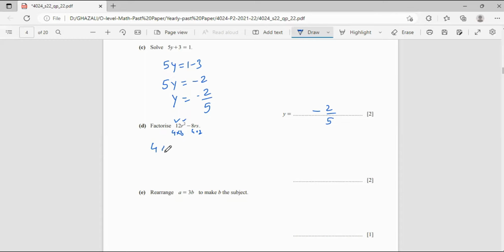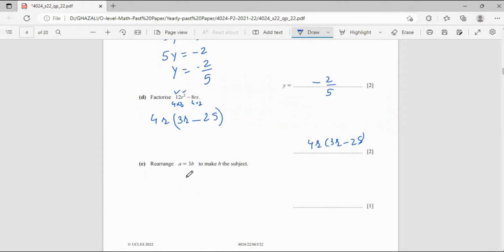Here r is also common. To take common in this expression, 4 times 3 is 12 and r square is taking a common, therefore only one r remains. Minus, as it is 4 times 2, r is taken as common and s remains. Now the expression becomes 4r into 3r minus 2s.